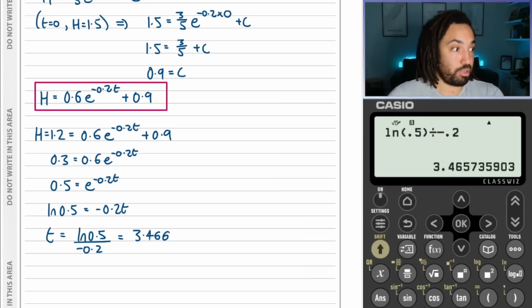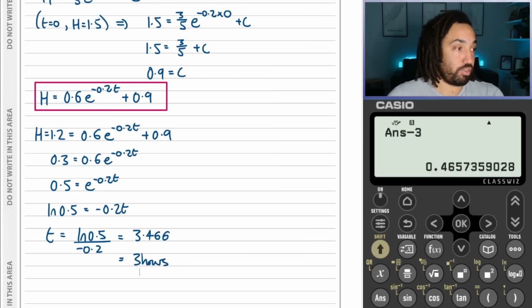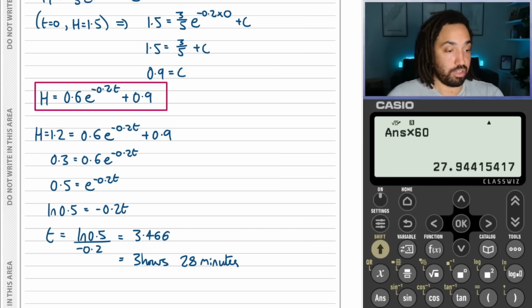Okay, so what we're going to do actually, because it wants it in hours and minutes, we're going to take away 3, like that, because of course that 3 represents 3 hours, and what's left over is minutes, so we're going to times that by 60 to get the exact number of minutes. So that is 28 minutes essentially, because that's pretty close to 28, so I'm pretty sure that's all good. Lovely.